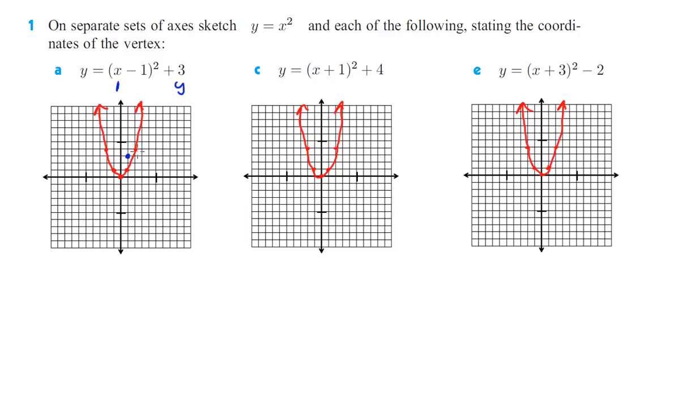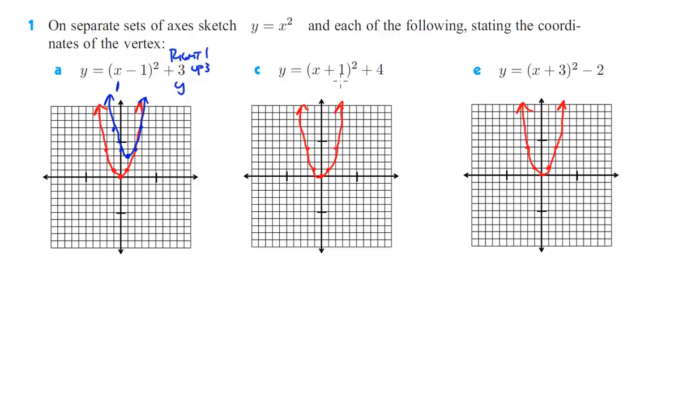Okay, so from there you go up 1 over 1, up 1 over 1, and then up 3 over 1, up 3 over 1, and then this graph is going to look something like that again. So basically it shifted to the right 1 and then up 3.